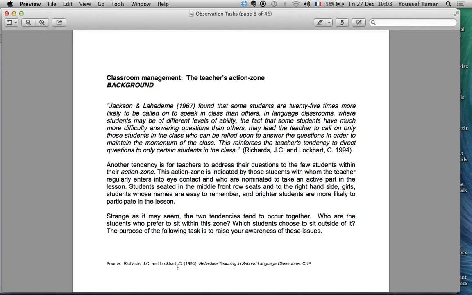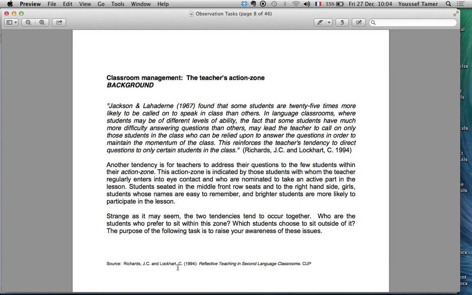In language classrooms where students may be of different levels of ability, the fact that some students have much more difficulty answering questions than others may lead the teacher to call on only those students in the class who can be relied upon to answer the questions in order to maintain the momentum of the class. This reinforces the teacher's tendency to direct questions to only certain students in the class.